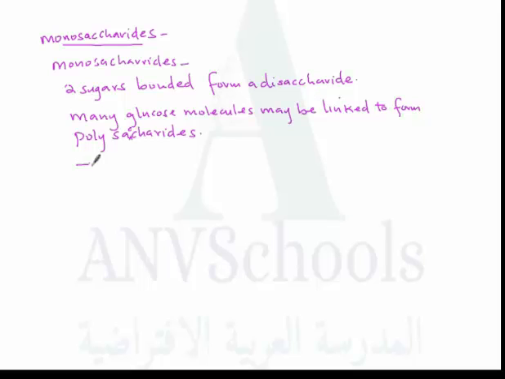Examples of polysaccharides include starch, which we said is from plants, and glycogen from animals, normally in the liver, which is a storage carbohydrate. Both of these can be broken down to produce energy for the organism.